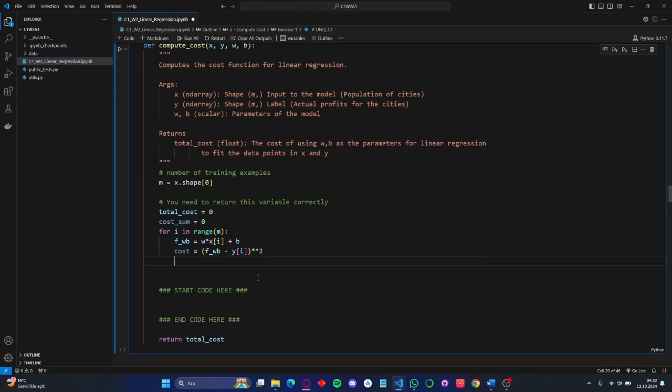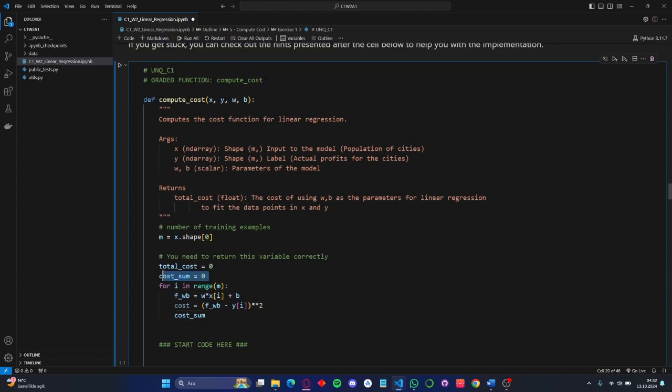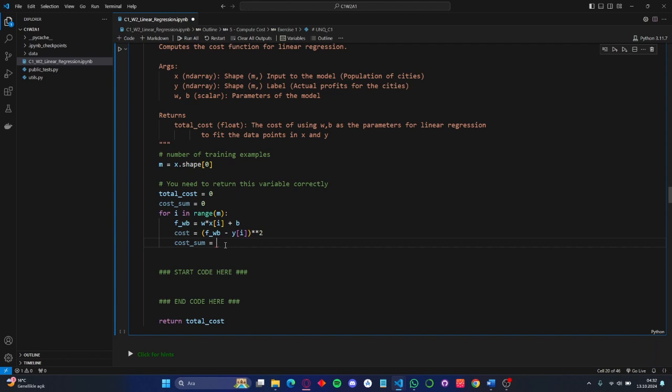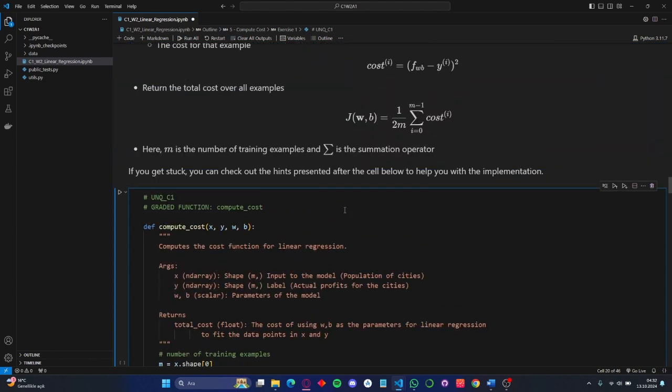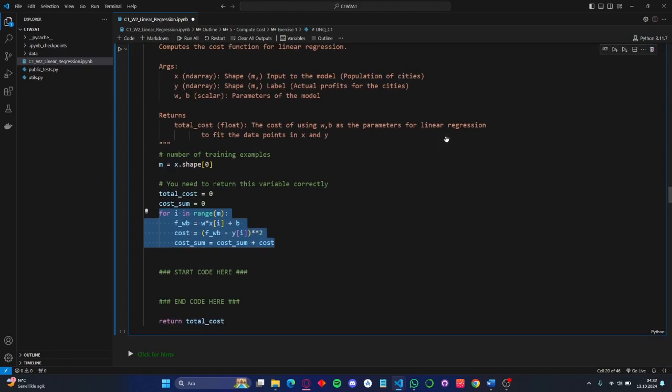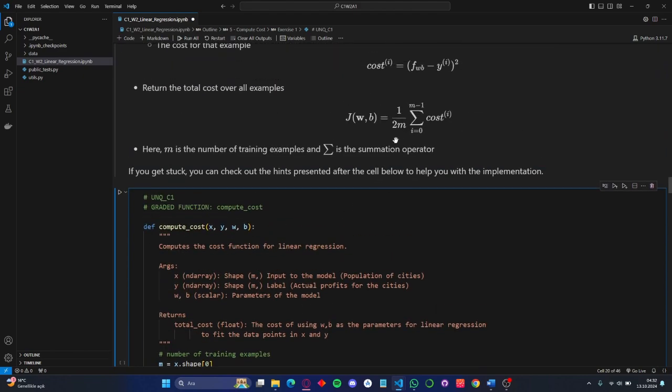After that, we compute the cost for all data, and we set this parameter, cost sum, equals cost sum plus cost. Here is this for loop until this part, and we compute the total cost.